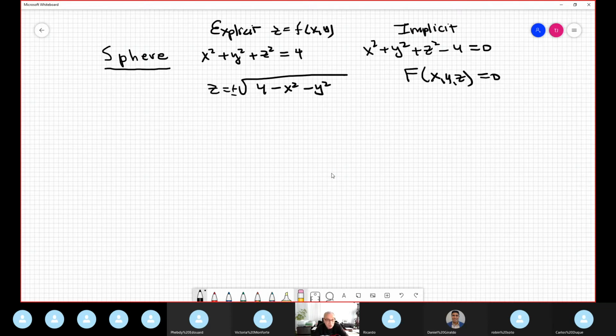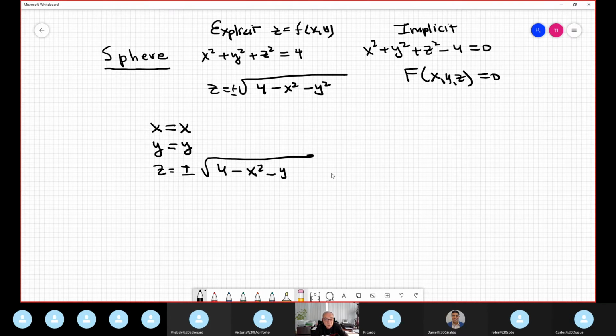So I want to declare one parameterization like this. I suppose that x is x, y is y. This is two parameters, instead of the famous u and v: u is x and v is y. And z is this expression, plus or minus the square root of 4 minus x squared minus y squared.